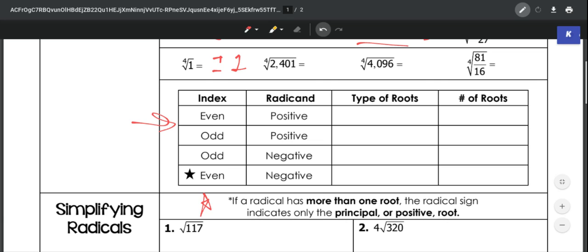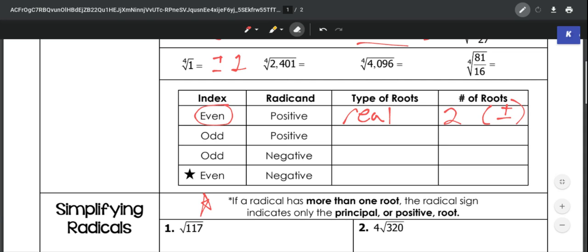So let's look at this table. If we have an even index, so that means if we just have a square root sign, or we have a fourth root or a sixth root, and whatever's under that radical is positive, we're going to have real roots, so we won't have imaginary roots, and we'll actually have two of those, which will be plus and minus. So that's just like saying the square root of 4.